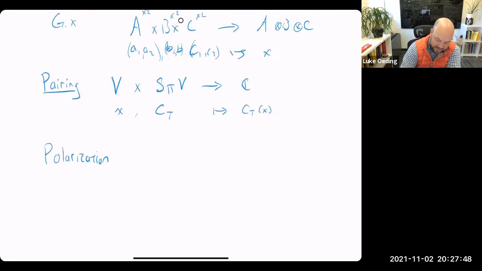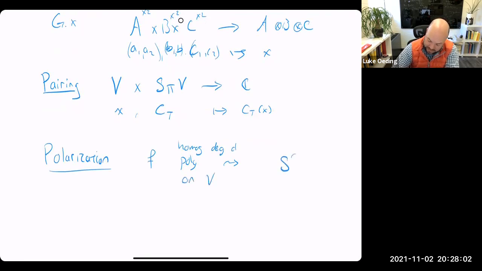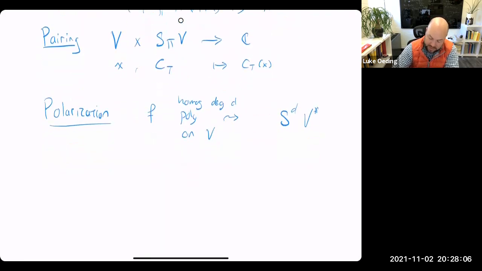So this is an aside that's going to be useful. If I have a polynomial that's homogeneous of degree d on V, then I can think of it as an element of Sym^d V*, but these are symmetric d-linear forms.